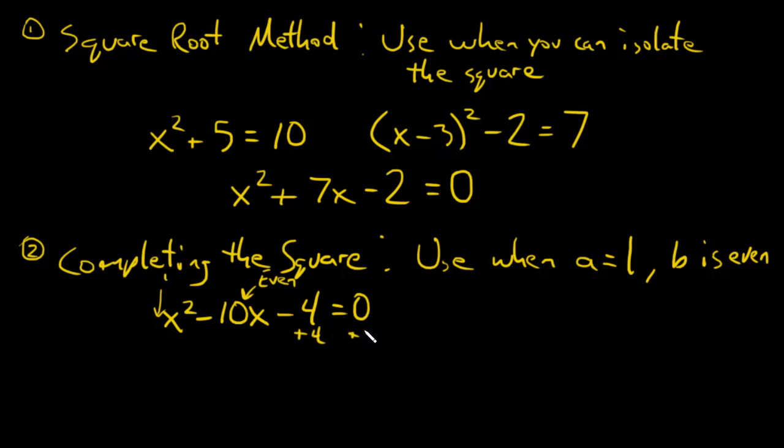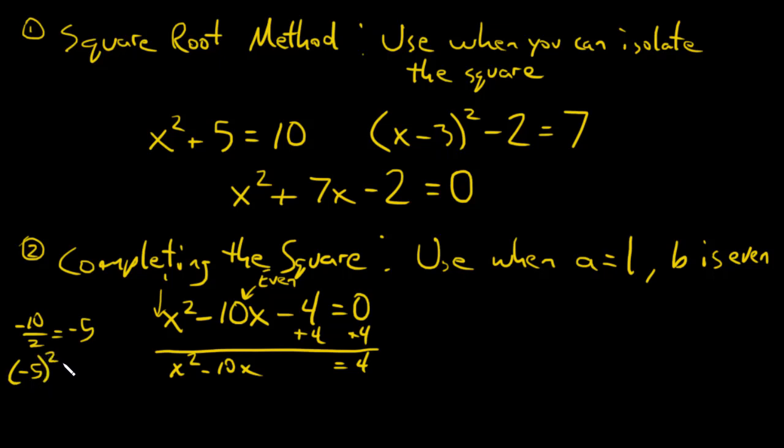Plus 4, plus 4. x squared minus 10x equals 4. Half the negative 10, so negative 10 halved is negative 5. Negative 5 squared is 25. Add that to both sides. So I'm going to get (x minus 5) quantity squared equals 29.